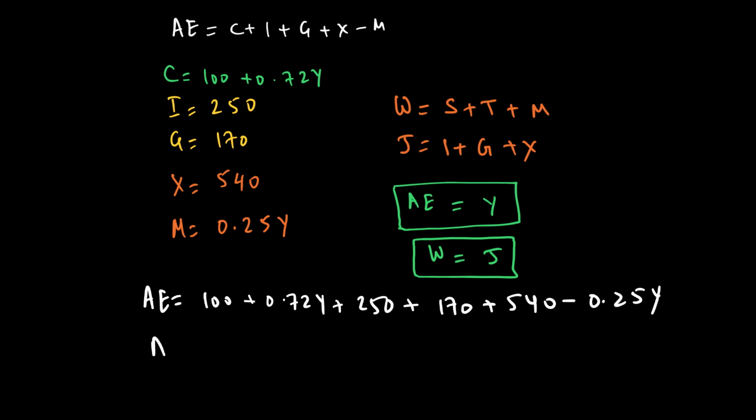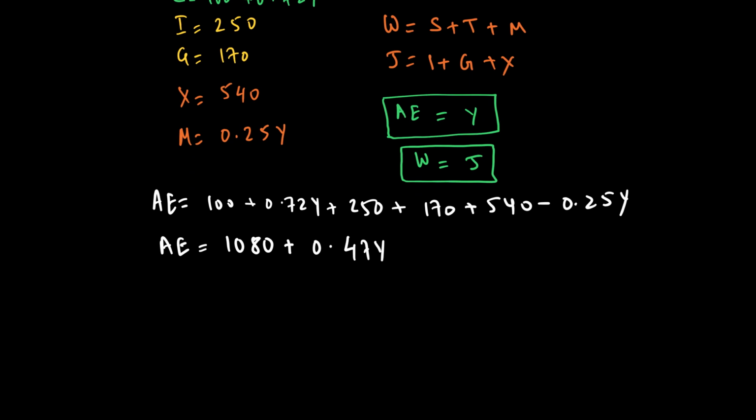This is my C plus I. So AE becomes equal to 1080 plus 0.47Y. Our AE equation equals 1080 plus 0.47Y.